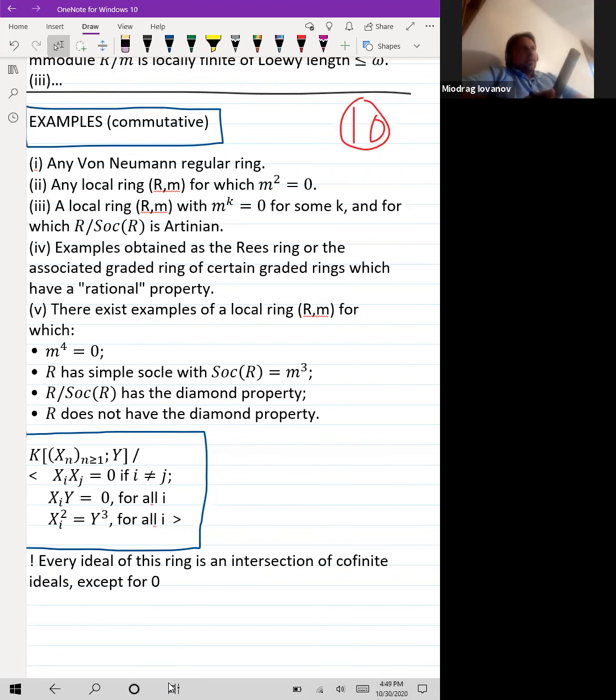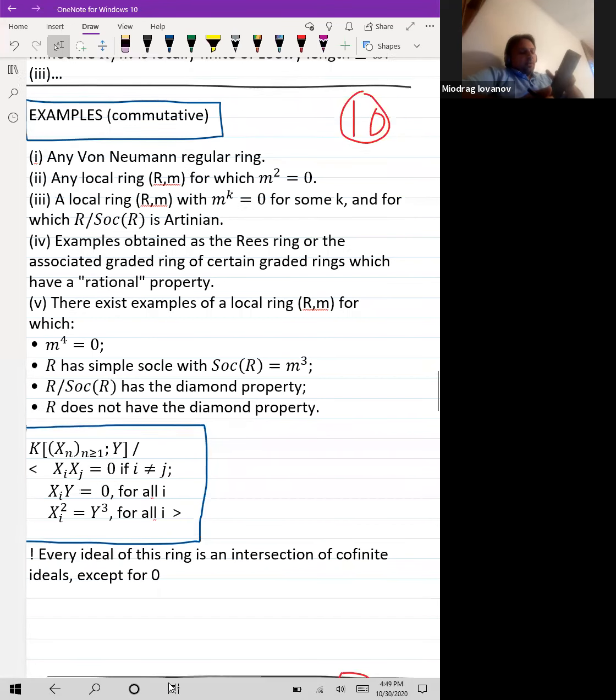So you're asking that the ring has a large socle. That's not too far, perhaps, from the case of an Artinian ring. And then there are examples that you can obtain by various Rees ring constructions, or the associated graded ring construction, if you start out with certain rings that have a, more technically expressed, rationality property.